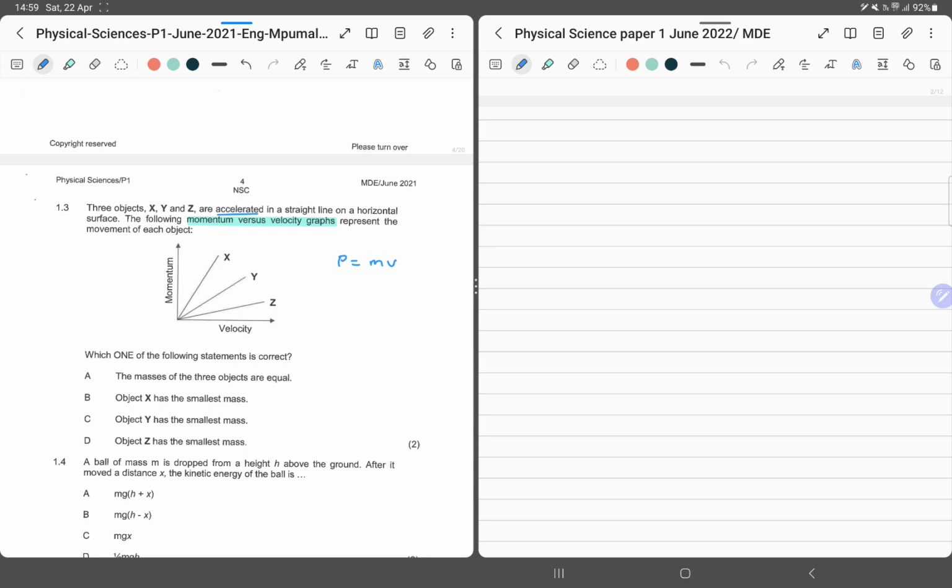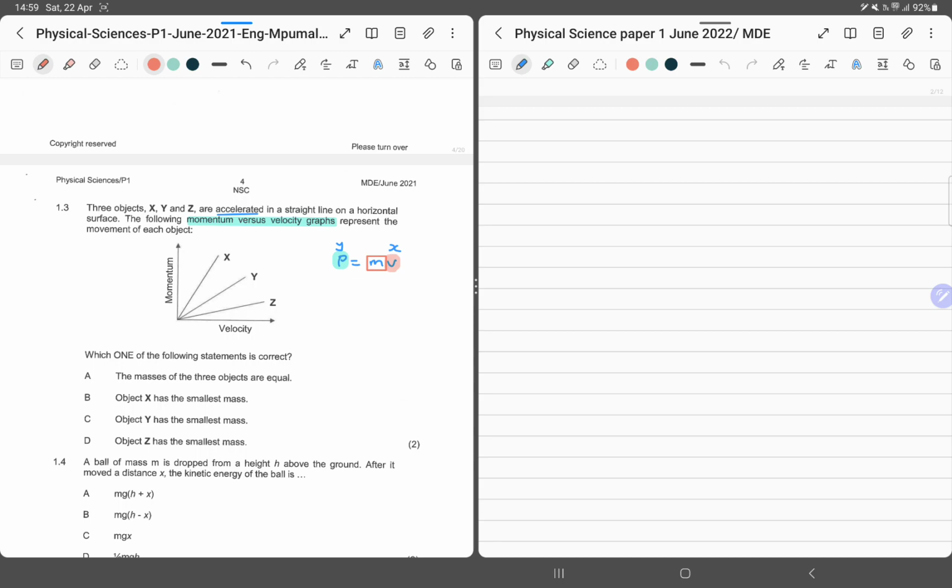Now, the question says, look, if momentum is on the y-axis, right? And then we've got the velocity here, which is on the x-axis. So obviously, what would be the gradient? The gradient is the mass of the object, because that's what stays constant here when we vary the momentum as well as the velocity, because those are the two variables.